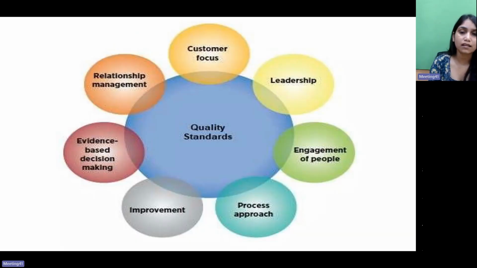Now quality standards. Now how will you improve your quality standards? What are these quality standards? First we will discuss customer focus, right? If it is a business or a hospital, first we will focus on the customer. Who is the customer here? The patients. If our hospital's management is very good, then only patients will come to us, right?